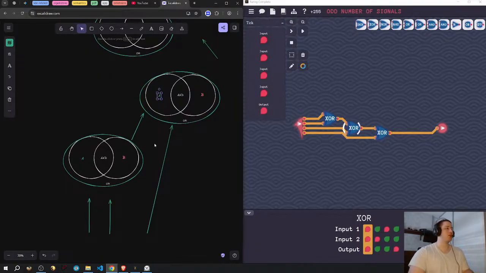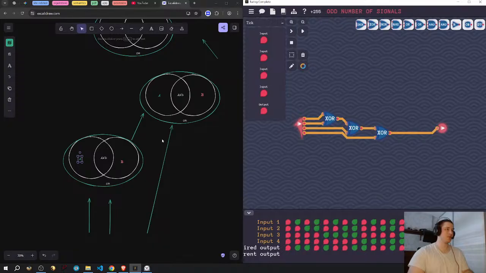But let's think about the other case. Let's say this is true. This passes, so it either selects B or A to go here as the input. What happens here when this is 0? That means it's going to have to pass. But then what is going on here?